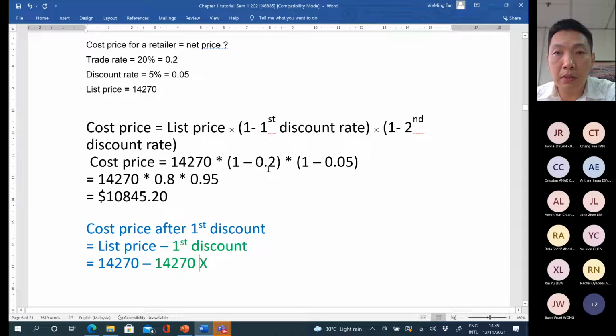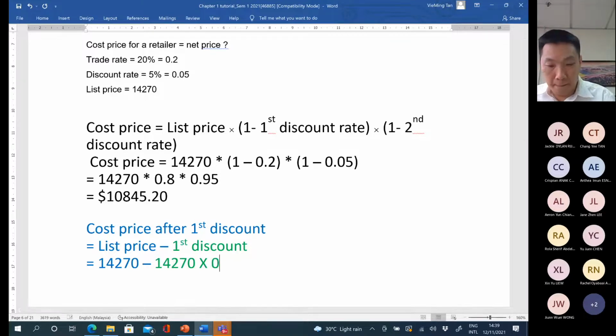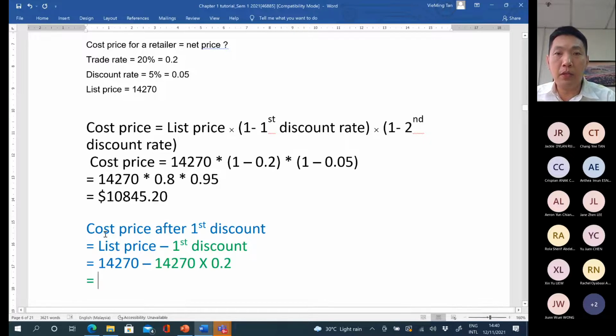First discount is 20%. So now I try to calculate the cost price after the first discount. So using this one, 14270 minus 14270 multiplied by 20%. We do step by step.